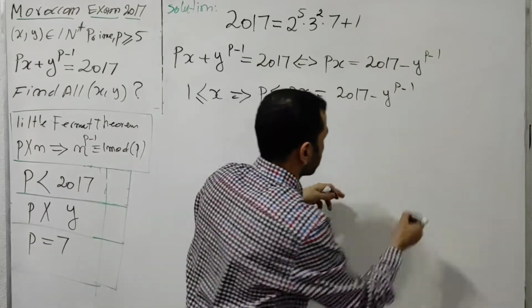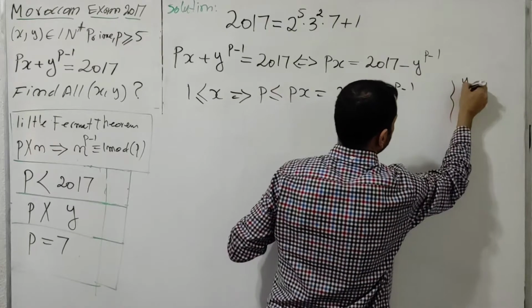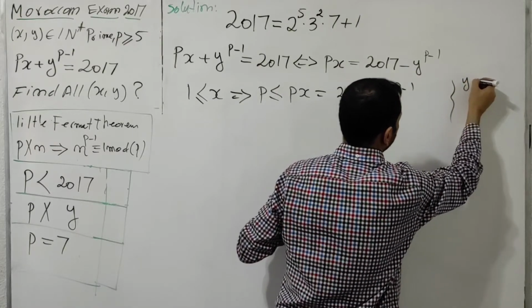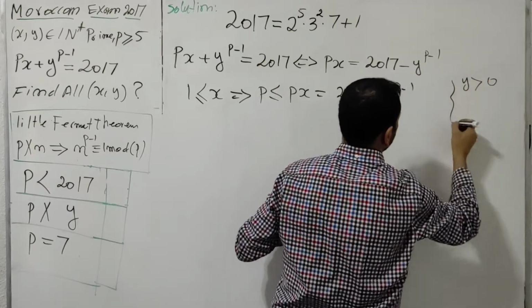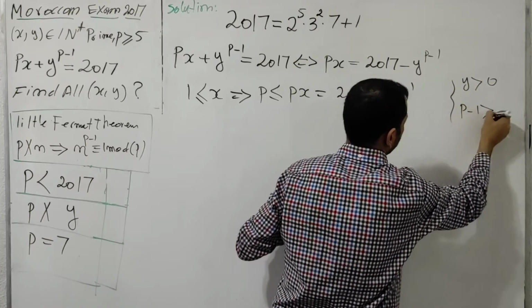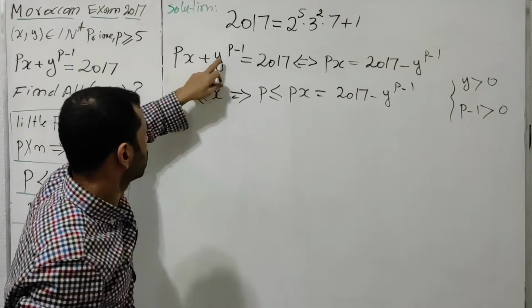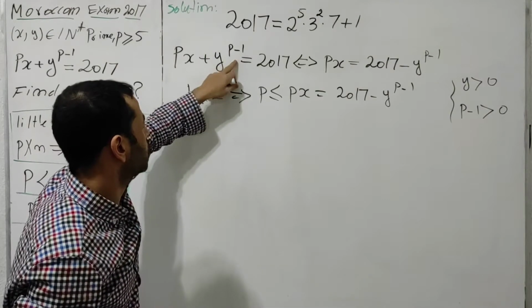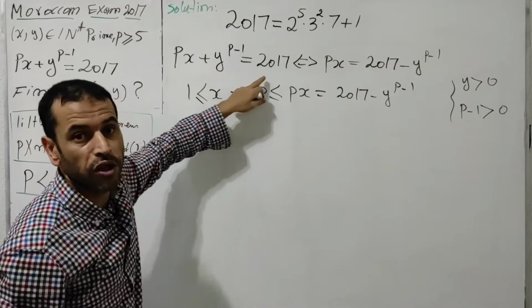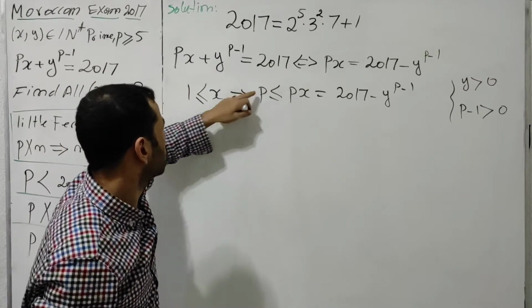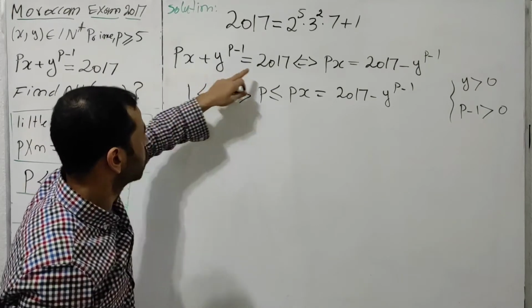So as we know, y is a positive integer. That means y is strictly superior to 0, and also p minus 1 is strictly superior to 0. Notice here this value y to the p minus 1 is always strictly positive, because we have the sum of these two terms equal to 2017.